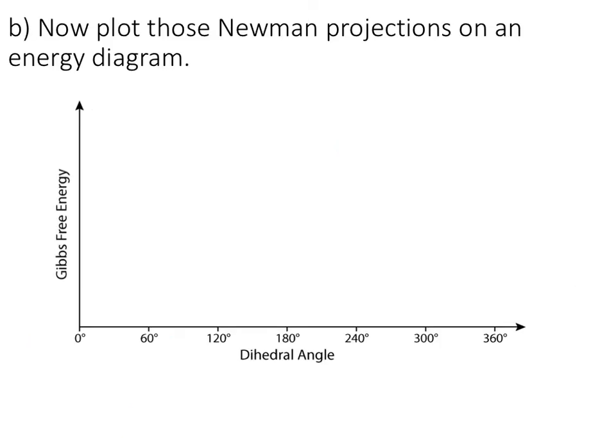Another question I could ask is, can you draw the Newman projections and then plot them on an energy diagram? I'm actually going to use a different molecule here. We're going to use 2,3-dibromobutane.